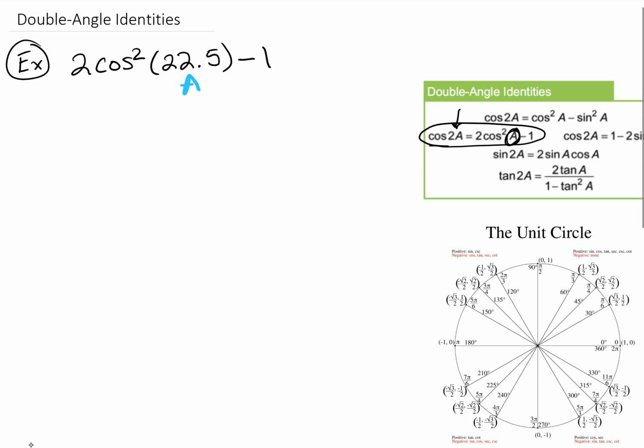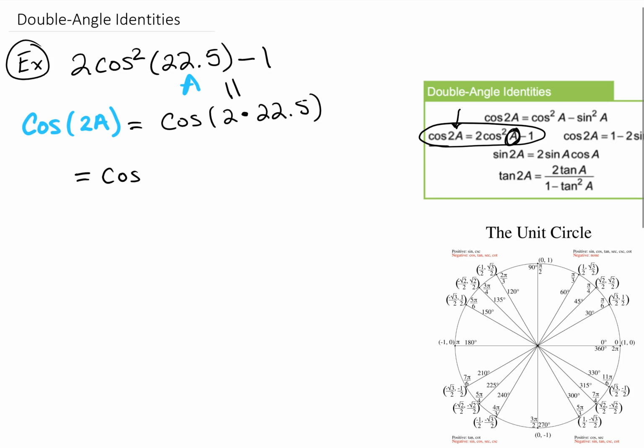All right, so now all we have to do is find the cosine of 2A. So we're going to say, okay, well, then this is just the equivalent of cosine of 2 times 22.5. Okay, so these two we're going to equate. So this becomes the cosine of 45 degrees.